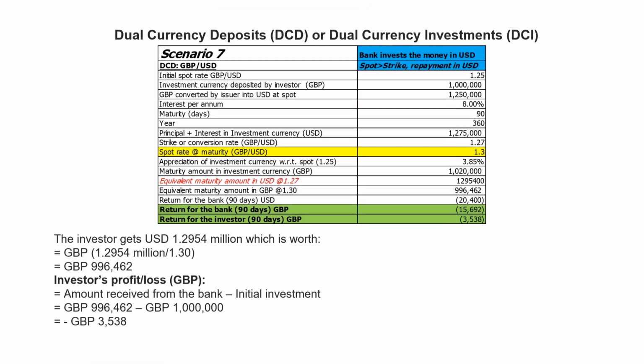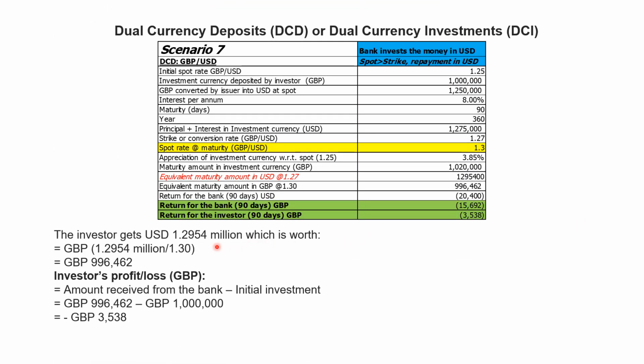The investor gets USD 1.2954 million, which is worth GBP 1.2954 million divided by 1.3, which is GBP 996,462. Therefore, the investor's loss is GBP 996,462, the amount it got from the bank in GBP terms, minus GBP 1 million, which is the amount the investor put in, which is GBP 3,538.